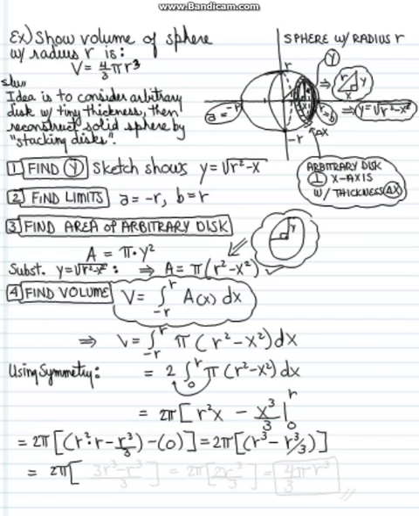We get 2 pi times 3r cubed minus r cubed over 3, which is 2 pi times 2r cubed over 3, which simplifies to 4/3 pi r cubed. And that is precisely the formula that we can find in any math book for the volume of a sphere of radius r.